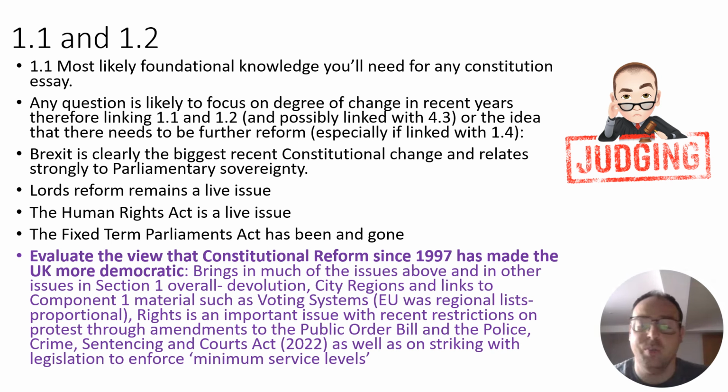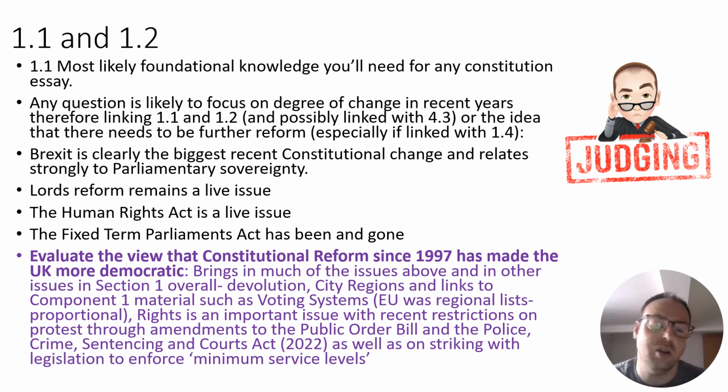And if you got that one on being more democratic, that would bring in a lot of the issues I've talked about above, and some of the stuff in Section 1 overall, such as devolution and the city regions. You could talk about decision making being made closer to the people. There's lots of illustrations of devolution in action through COVID, which is a good one in terms of demonstrating that.